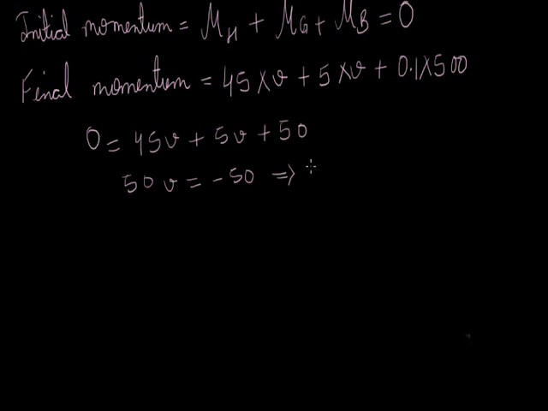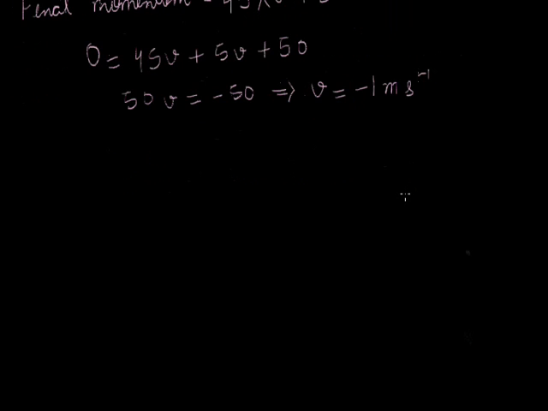Hence, it implies that v is equal to minus 1 meter per second. Hence, the recoil velocity of the gun with the hunter is 1 meter per second. Is it okay? Now, let us take another question.